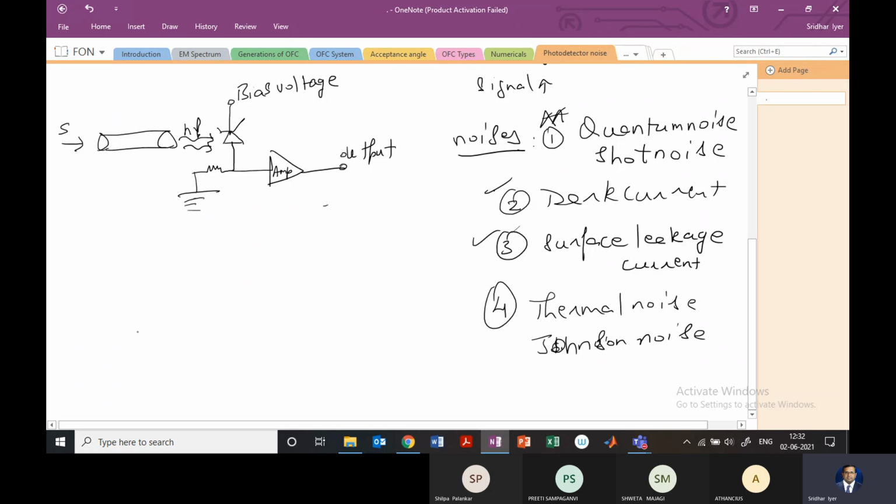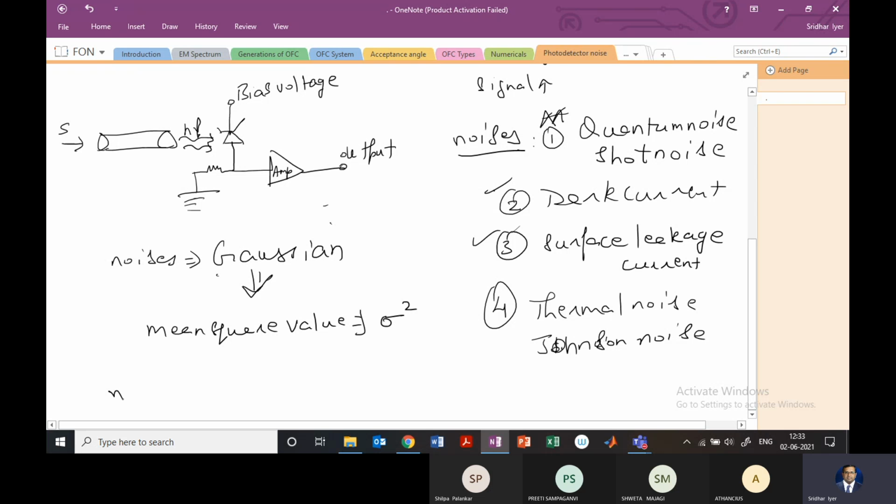So in general, all these noises are Gaussian in nature. And since they are Gaussian in nature, their mean square value, the mean square error value, which is denoted as sigma square, can just be added.